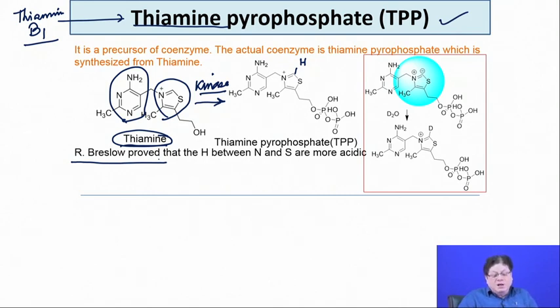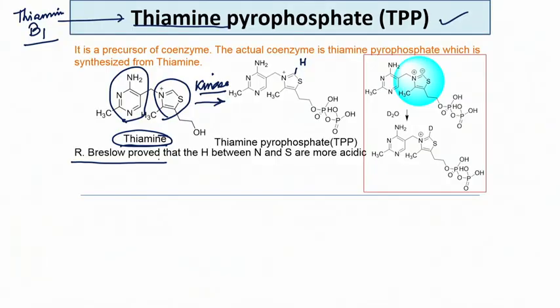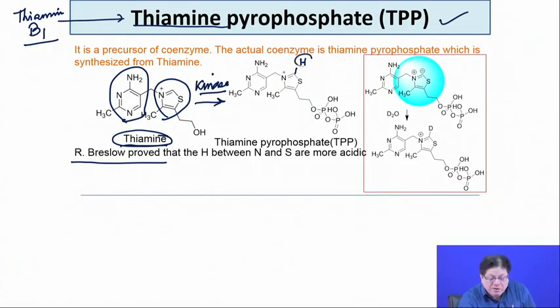He took thiamine pyrophosphate, dissolved it in D2O and took an NMR, and slowly he found that this hydrogen is replaced by deuterium. The exchange of hydrogen by deuterium shows that this hydrogen is very acidic.